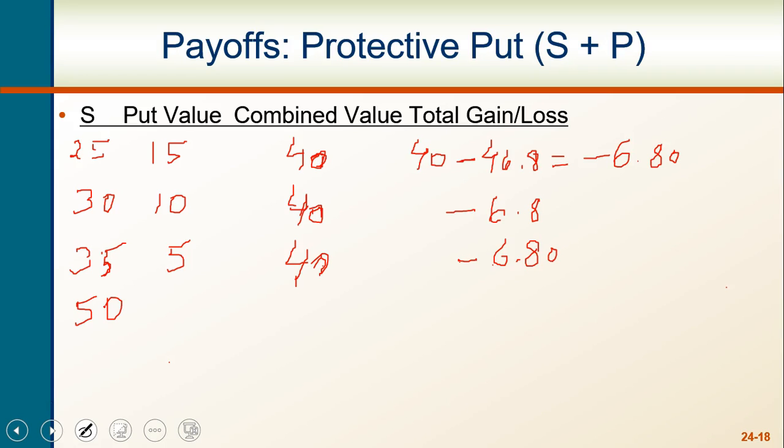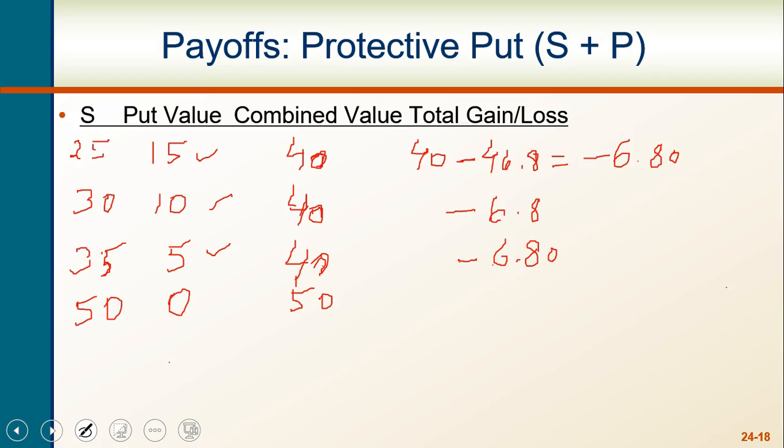Remember, the intrinsic value of a put option would be a maximum of either 0 or E minus S. So as long as E minus S was positive, we took those positives happily, 15, 10, 5. But now that it has turned negative, we just say that the put is worthless. So we just record a value of 0, and that will give us our combined value of 50 plus 0 equal to 50.